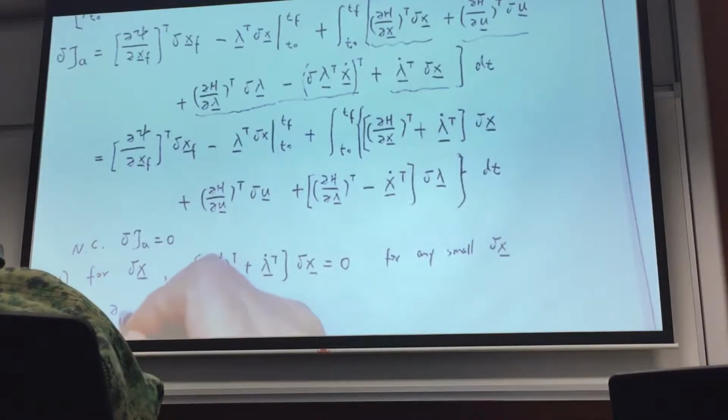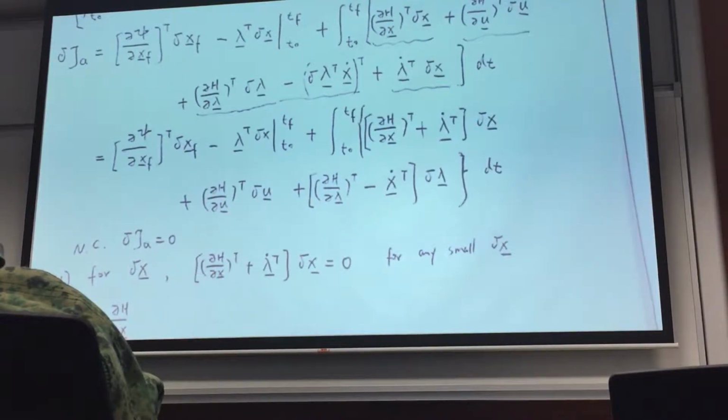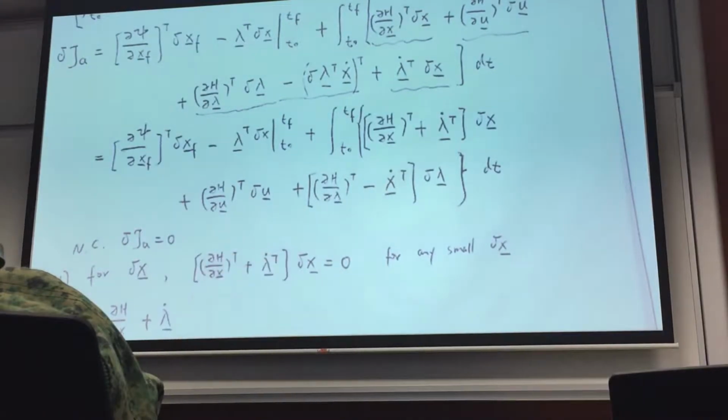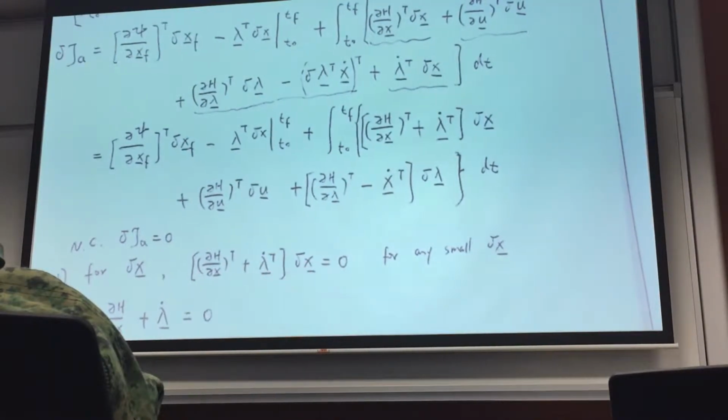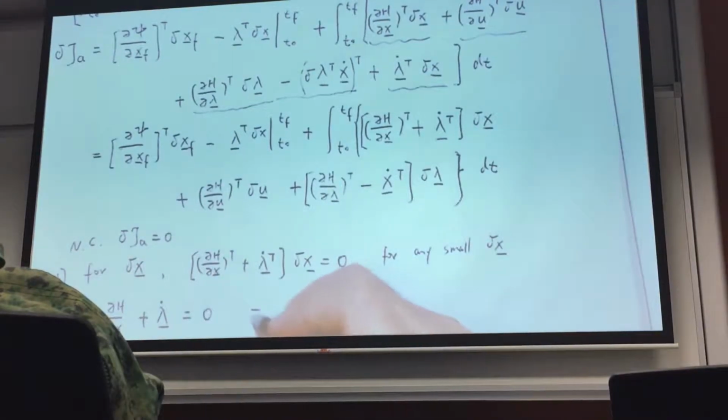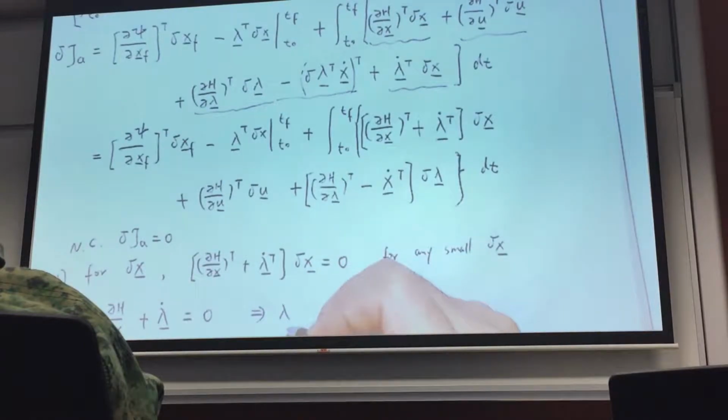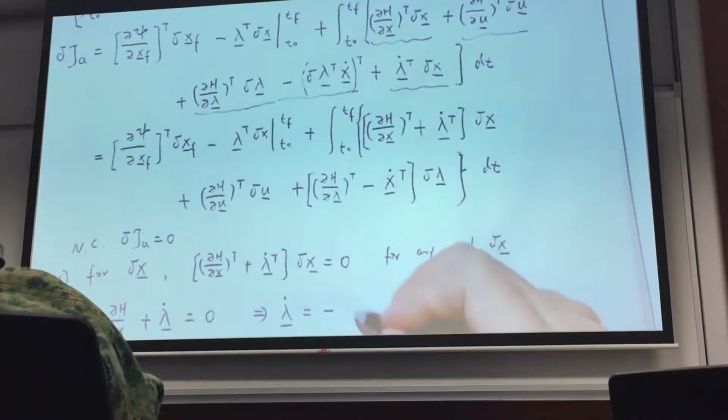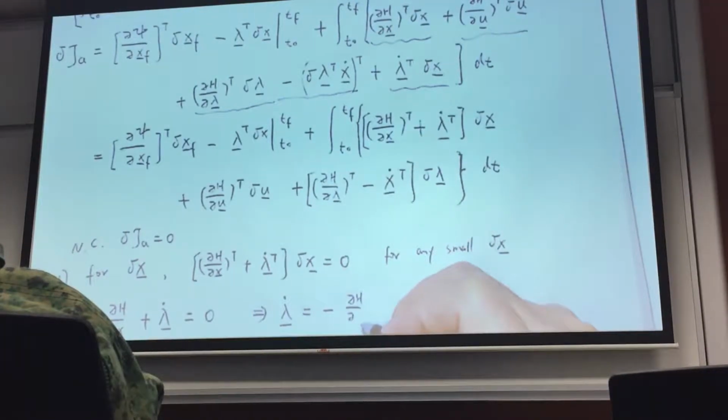So we must have dh/dx plus lambda dot equal to 0. In order to make this term 0 for any small perturbation, we must set this equal to 0. So we have lambda dot equal to minus dh/dx.